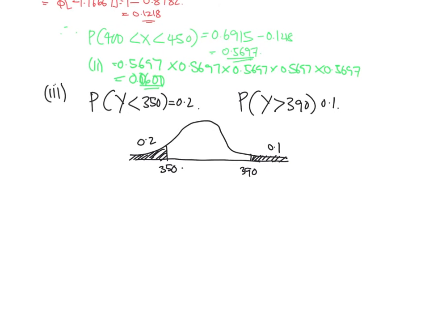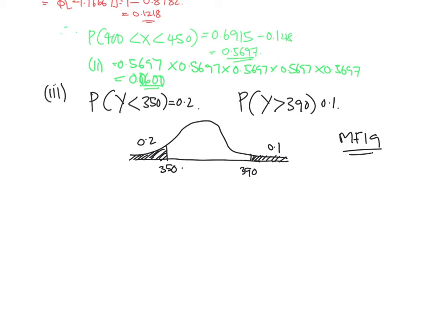So now, towards the left, what I have here is 0.2. If I want to find it, our graph is the normal distribution table MF19, and we know in MF19 we only have positive values, there's no negative value.